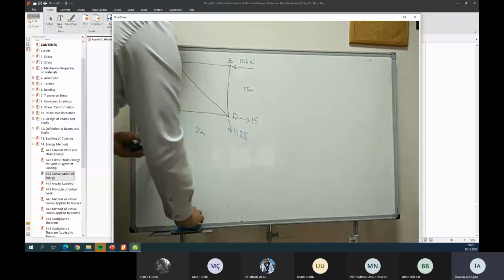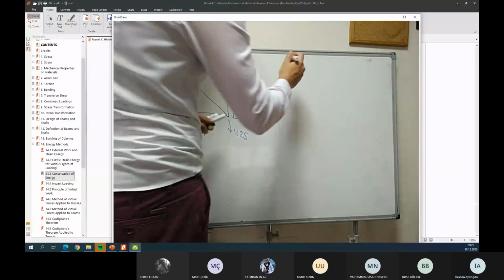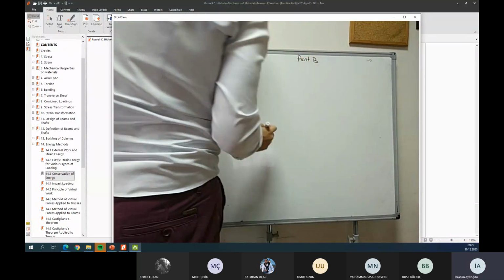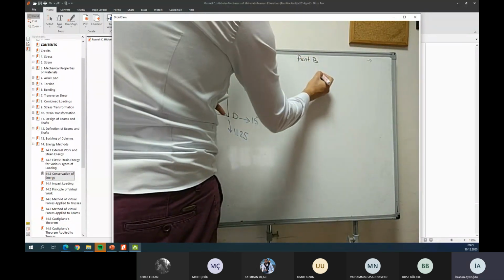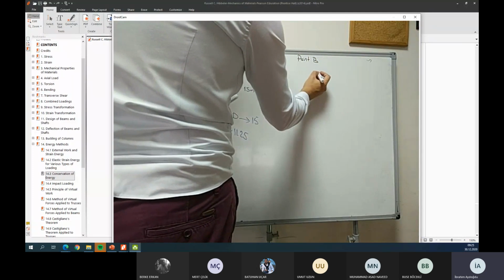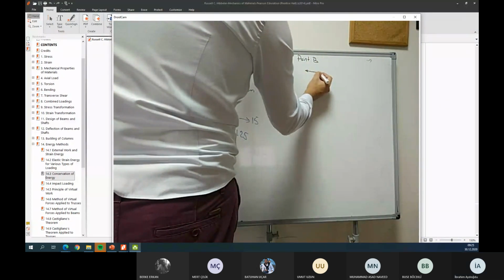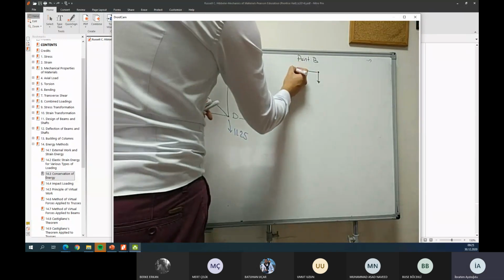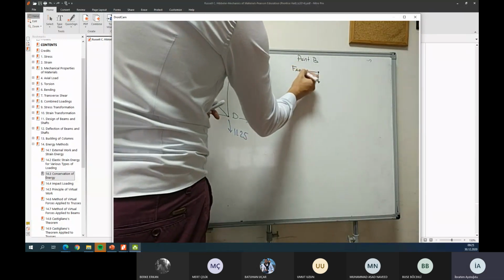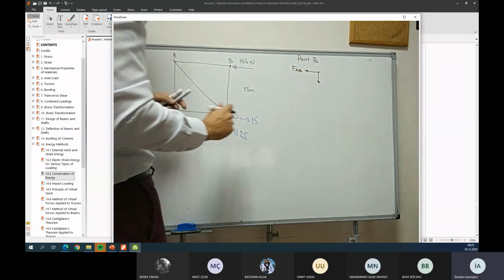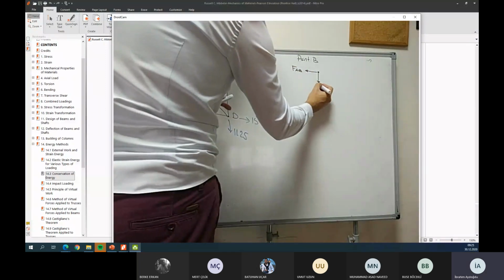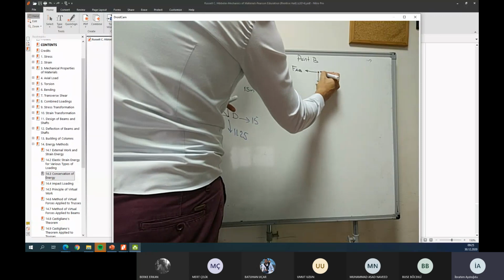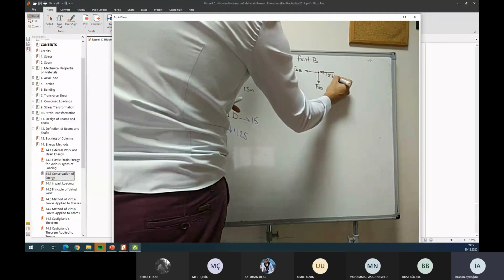I want to start with point B. My assumption is that all the forces are tension. Therefore, the direction is like this. This is the force AB, the internal force AB. This is the force BD. And there is just one external force, 15 kilonewton.